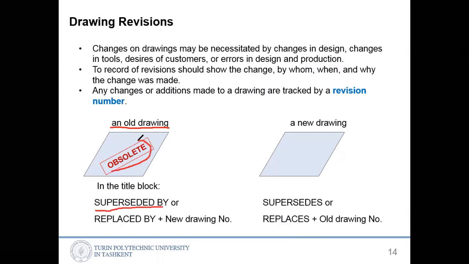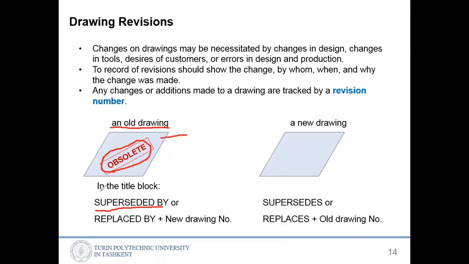Obsolete means stamped like this, so that is the old drawing. You will find the new drawing of this part or assembly. The stamp means you have a new version of the same drawing.